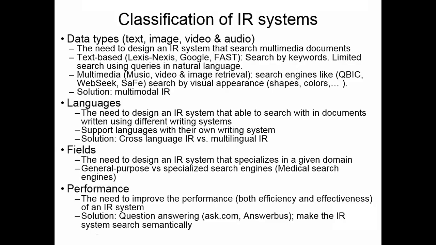So nowadays, rather than general purpose, we need specialized search engines or information retrieval systems, a system that works in a given field only. Google is a general purpose information retrieval system or search engine. Yahoo search engine is again general purpose. There are medical search engines which are specialized.